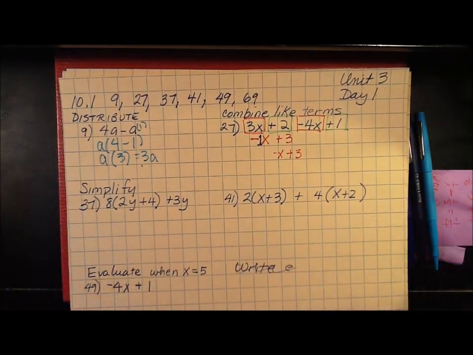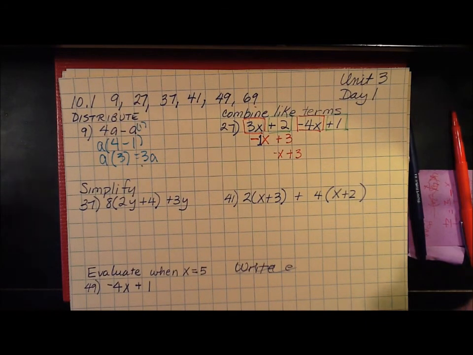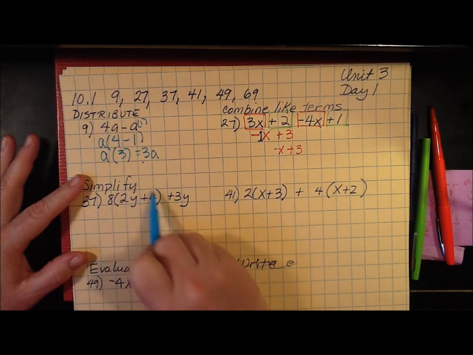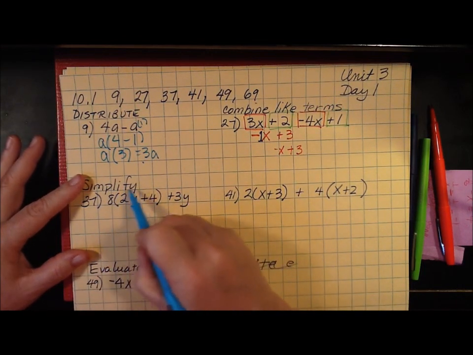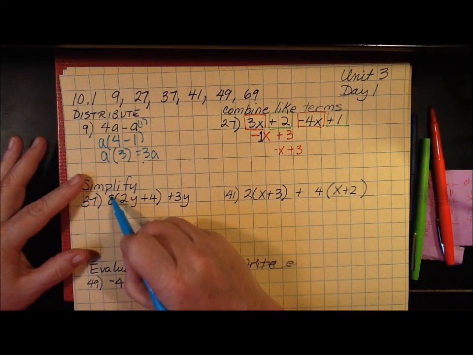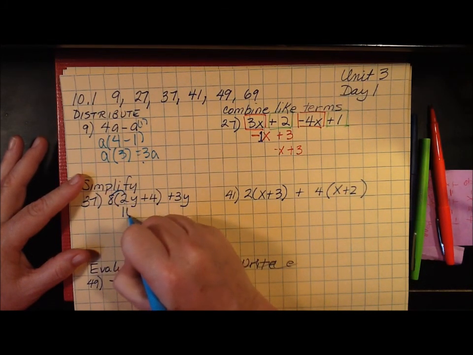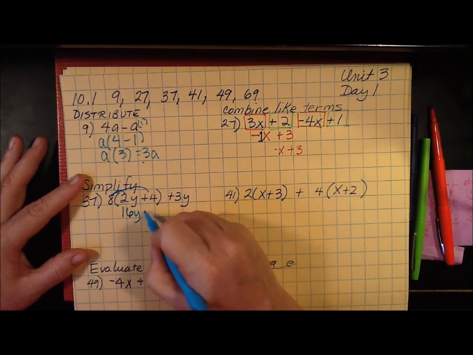Here I'm going to do another simplification exercise. What you need to do first is handle multiplication, because you have multiplication going on here and you have addition here. So let's take care of this first. I'm going to distribute this. 8 times 2y is 16y. 8 times 4, or positive 4, is positive 32.